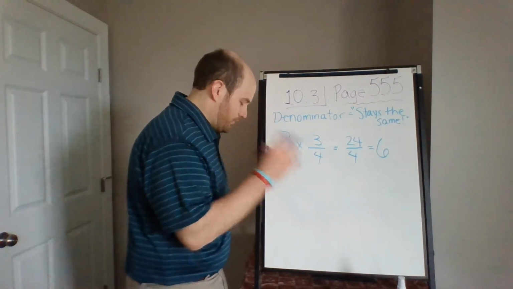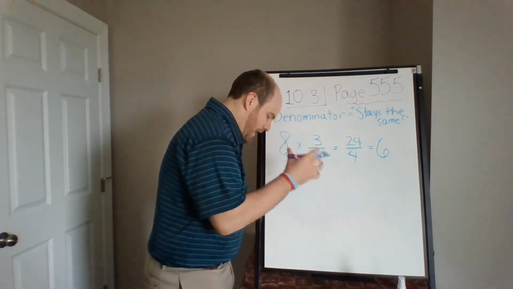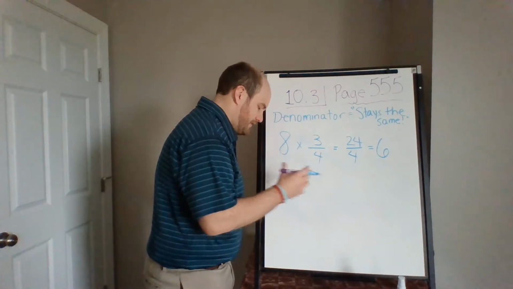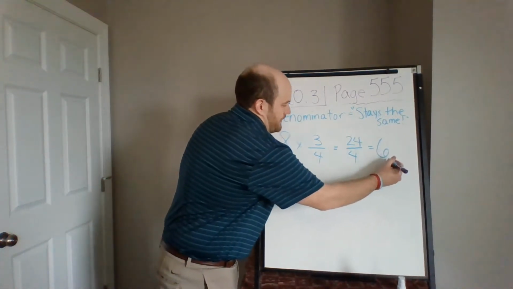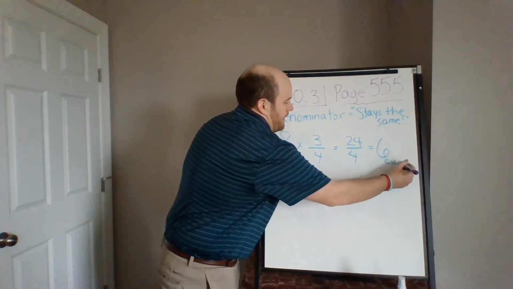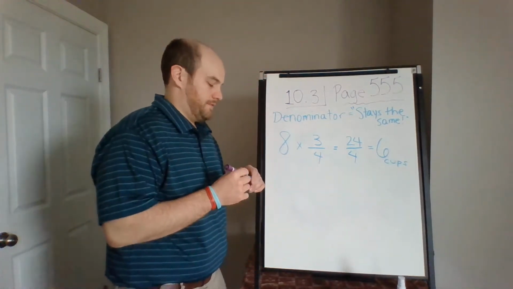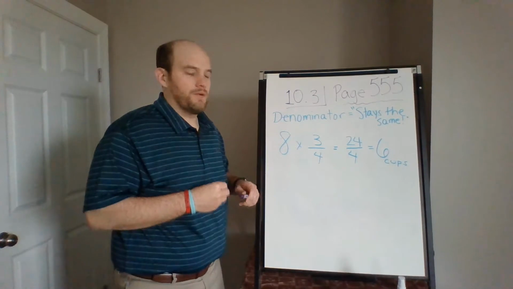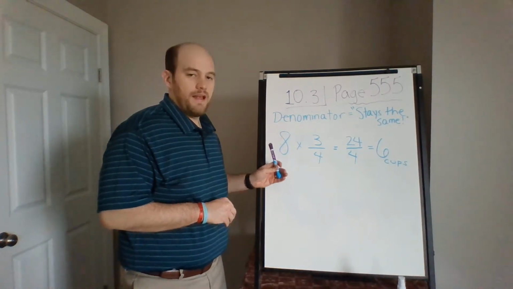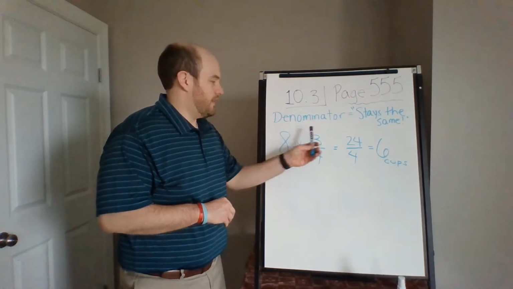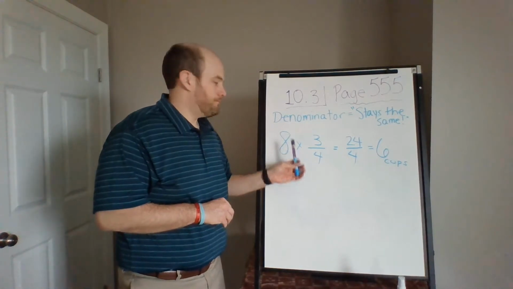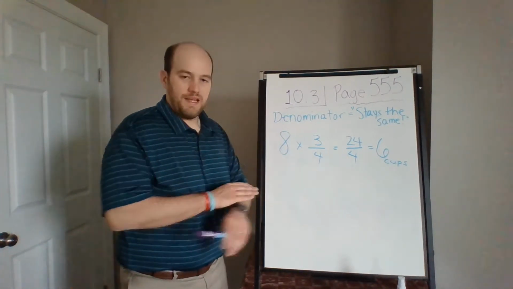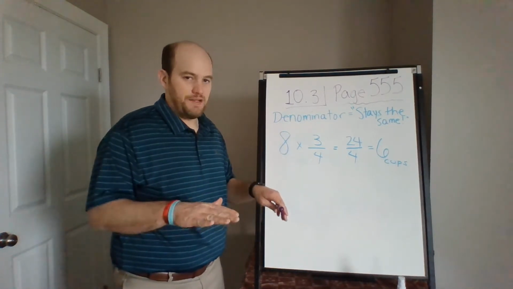The question was, how many cups of orange juice are needed to make the 8 gallons? The answer is 6 cups of orange juice. Just a quick rewind of what I just went over. We had to solve 8 gallons times 3/4 cup. My 4 stayed the same; my denominator never changes.